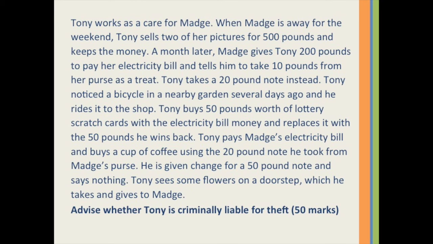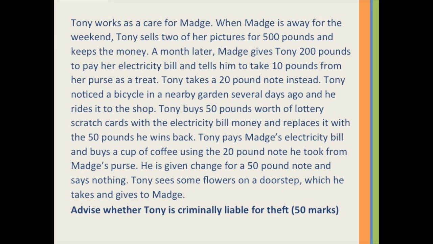Tony works as a care worker for Madge. When Madge is away for the weekend, Tony sells 2 of her pictures for £500 and keeps the money. A month later, Madge gives Tony £200 to pay her electricity bill and tells him to take £10 from her purse as a treat. Tony takes a £20 note instead. Tony notices a bicycle in a nearby garden, which had been there several days ago, and he rides it to the shop.